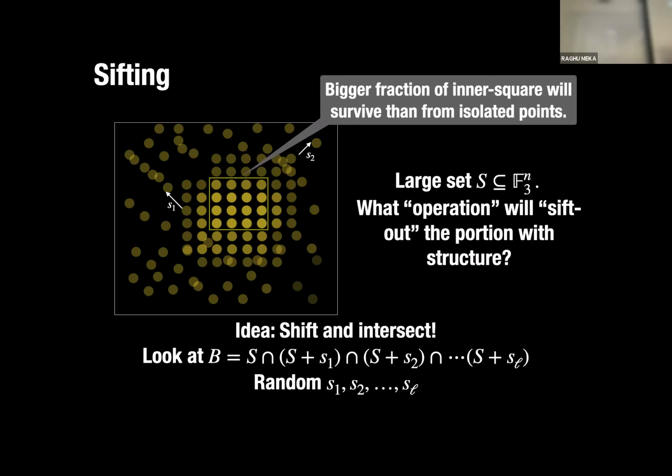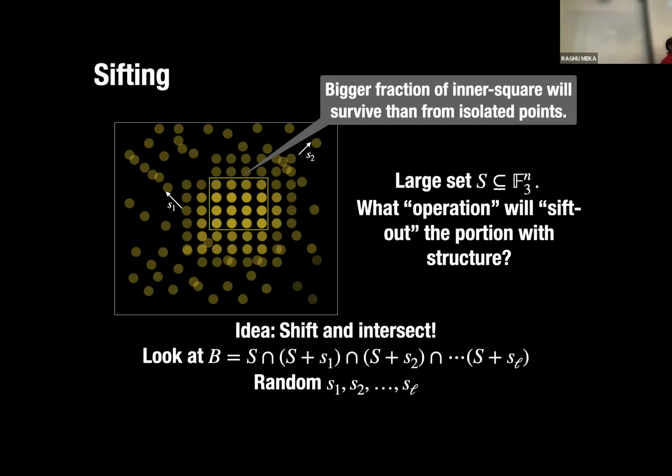And that's all you care about. Maybe the overall numbers are small, but it's relative to the other points. If I'm 10 times more likely than other points to survive, that's all that I want. I want this relative boost. So a bigger fraction of the inner square will survive than the isolated ones. When you do these shifts of the Swiss cheese, all of these holes will be covered, but if I put a nice square in between, there's some chance that a bigger fraction of the square will survive. And that's exactly the algorithm that we use.